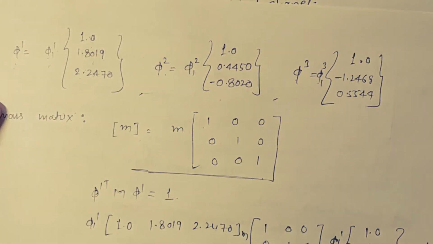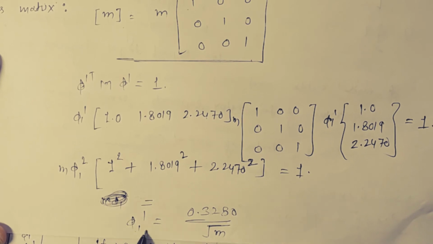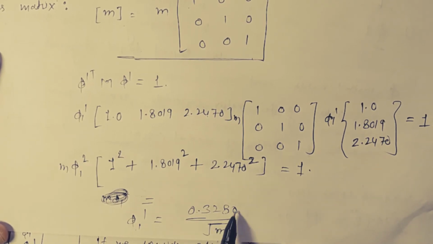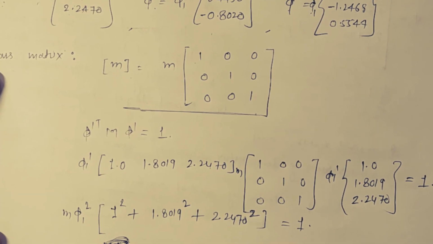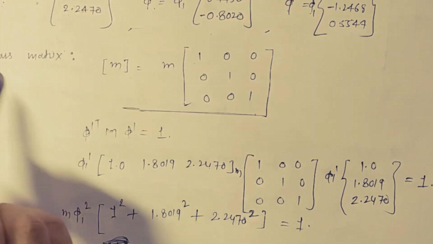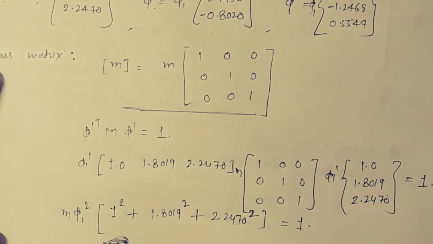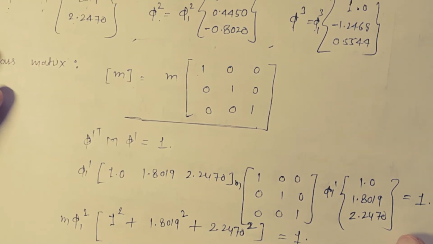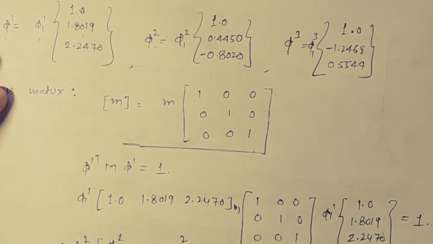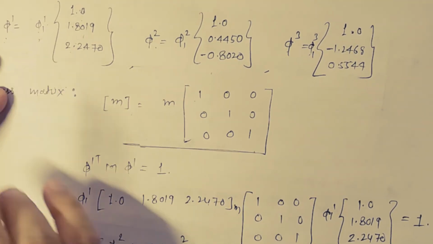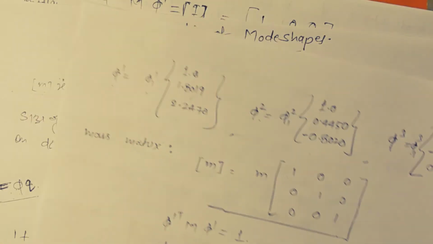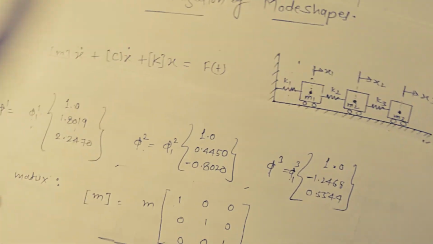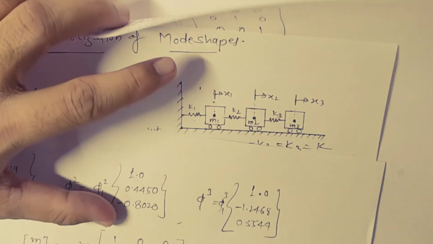So if we normalize this, we get phi 1 1 equals 0.3280 over under root M. Now if we put this value at this place, then this mode shape is orthonormalized with respect to the mass matrix.